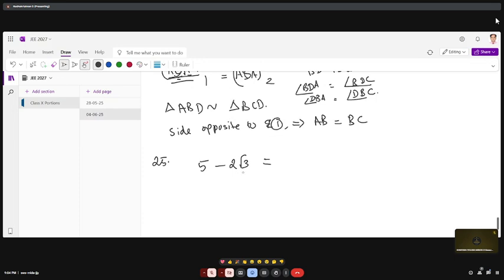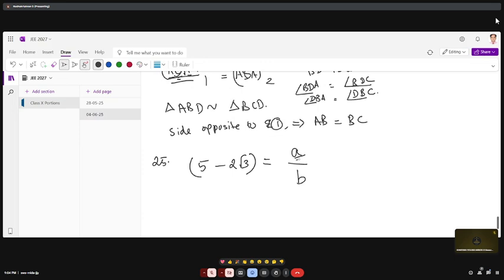Okay, this is the way you normally prove. If they are asking you to prove that something is rational or irrational, what you should assume is, if it is rational, then it can be represented as A by B. That is the condition for something being rational.